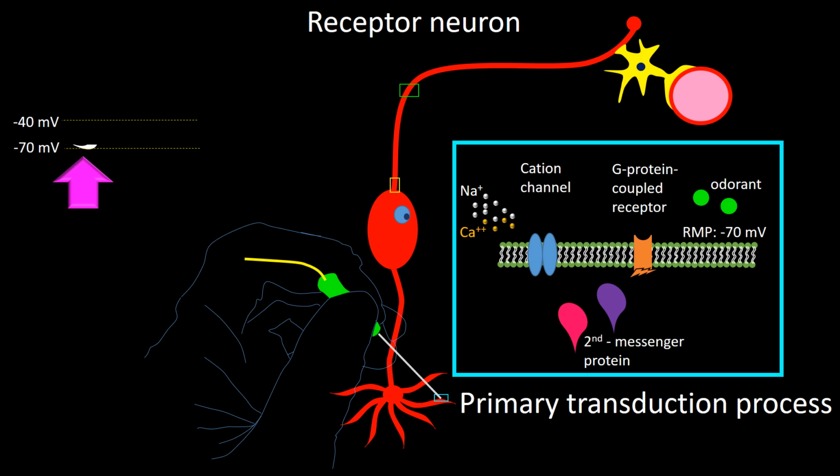At this stage, the membrane is at rest, so we will record the resting membrane potential, minus 70 millivolts, as indicated here.